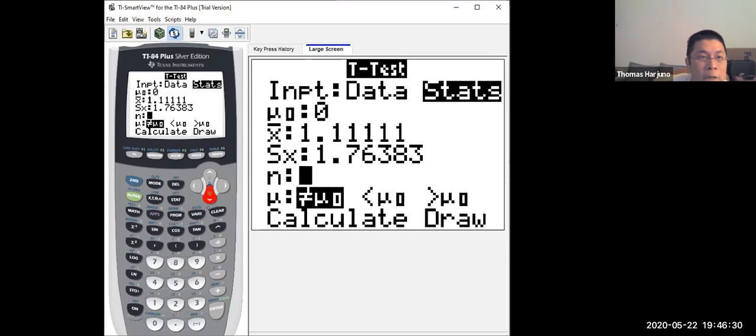And then the sample size is 9. We are testing if it's less than mu naught, which is here.